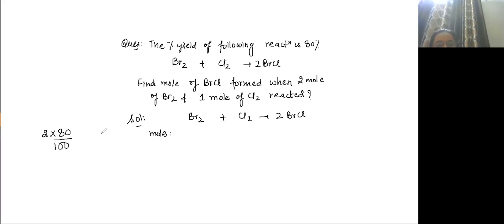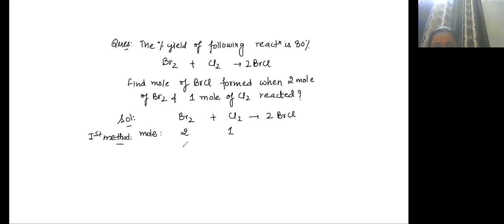Okay, first method is directly put Br2 moles is 2, Cl2 is 1. Which is the limiting reagent? We are doing it by two methods. This is 2 divided by 1 and this is 1 divided by 1. So the limiting reagent is Cl2, so moles of BrCl will be decided by Cl2.